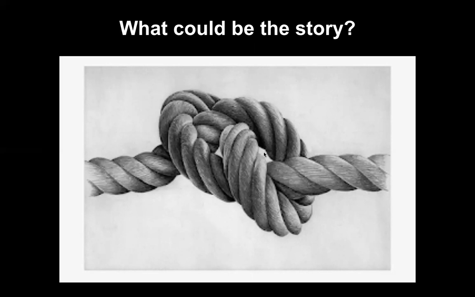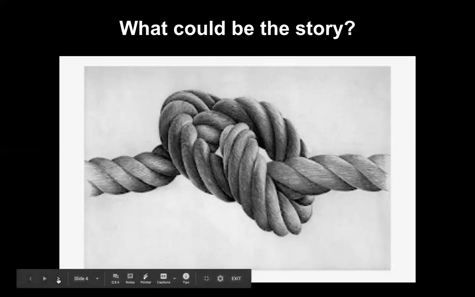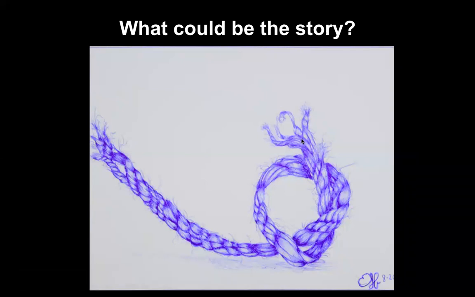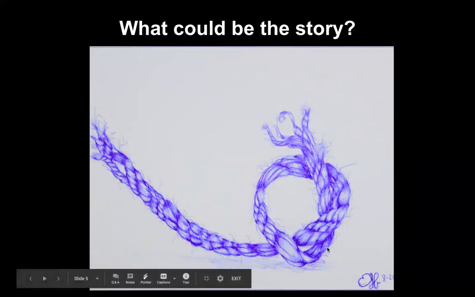So maybe someone is feeling physically bound up or physically tense, because it really looks like it's being pulled, because these pieces of the rope are horizontal. So they're coming out from the edges. This one is a looser knot and the edges are frayed. So what could that convey to the viewer? The feeling of maybe coming undone.